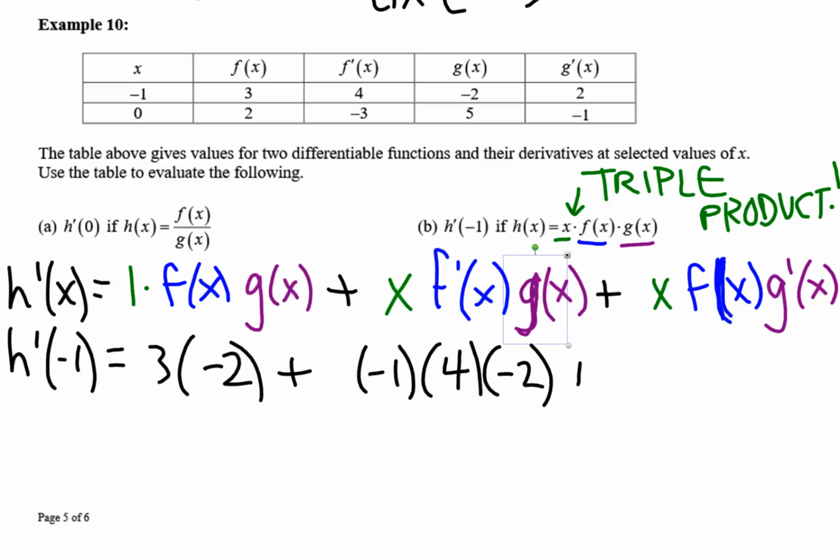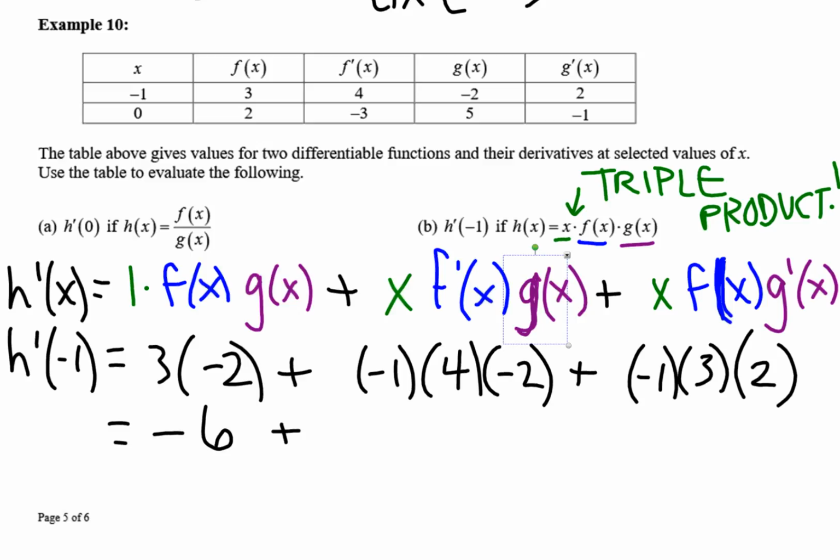Okay, and then we have negative 1, 3, and 2. We could leave it like that, but we're going to evaluate it and simplify. So we get negative 6 plus 8 minus 6, negative 4. And there you go.